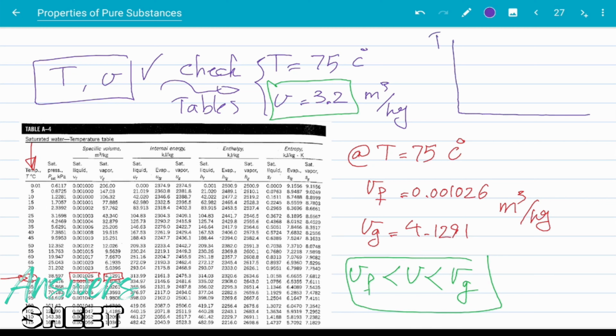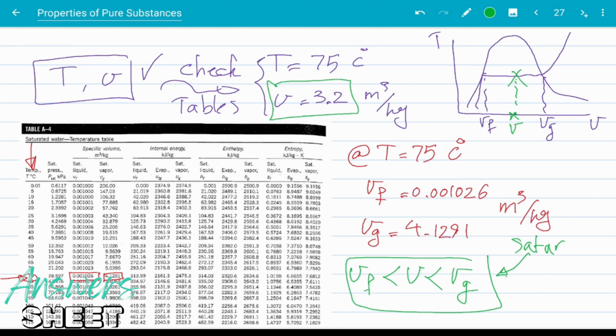If this is our T-v diagram, this is our dome, and this is the pressure that we're dealing with. This is v_f, this is v_g. The volume that we have is somewhere in between here. So we are in this area, the saturated mixture area.